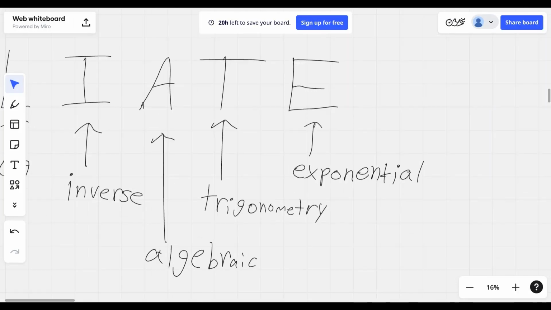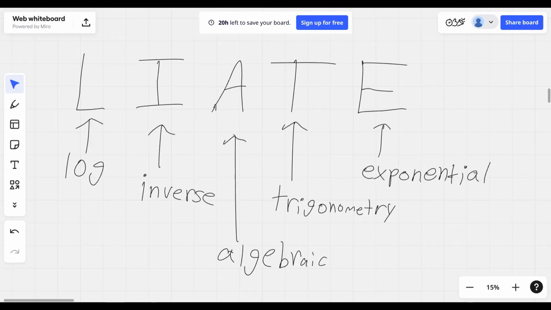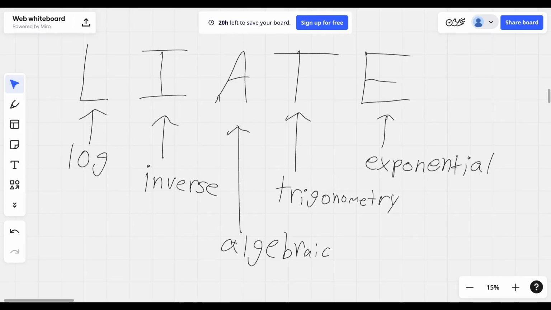So to help you pick your u value, this is what my Calculus 1 prof taught me. She told me that you pick it in terms of LIATE. L is for log, I is for inverse, A is for algebraic, T is for trig, and E is for exponential. So if you have a log function and you have an algebraic function, you're going to pick the log function as your u because it's first.